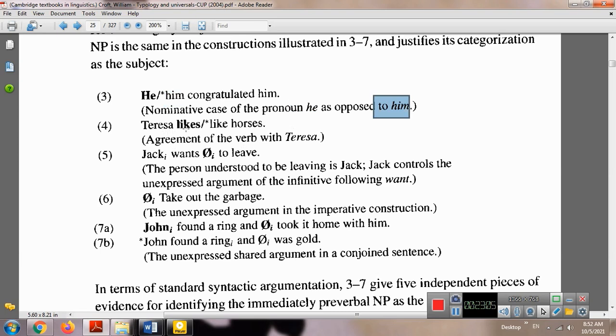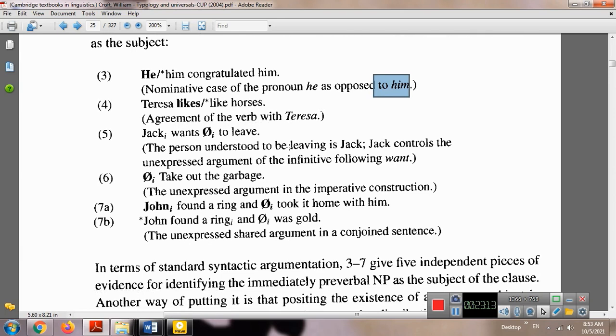Teresa does not like horses. Agreement of the verb with Teresa. Jack wants to leave. Here they are co-indexed. The person understood to be leaving is Jack.